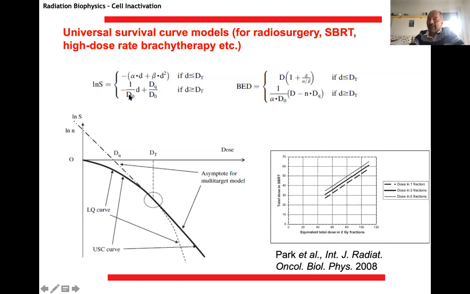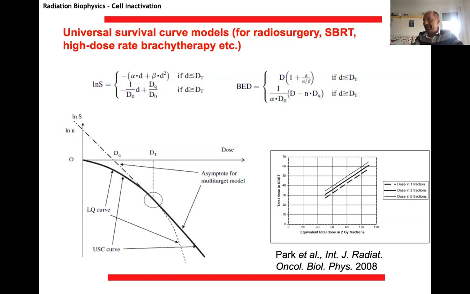You see, where d0 is the slope and dq is the quasi-threshold dose, and n in this case is called n, but in the target equation it is called m. So you see that the multi-target is still used today, interestingly, to complement the linear quadratic equation when you go to very high dose. And these days, you are going into very high dose.